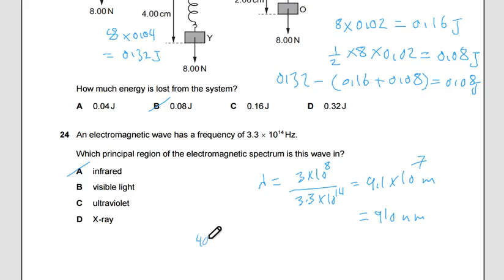We have the visible from 400 to 700 nanometer. Greater than this is the infrared, and greater still are the microwave and radio wave, but just 910 is in the IR range.